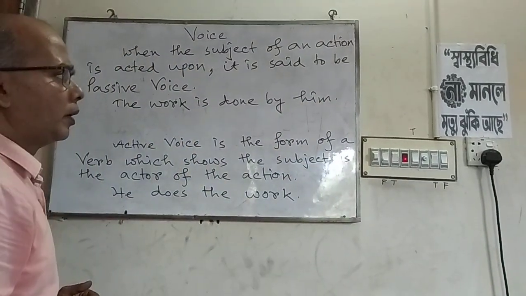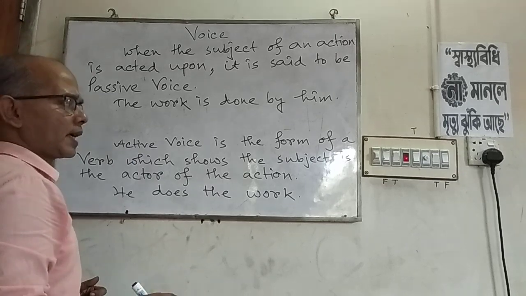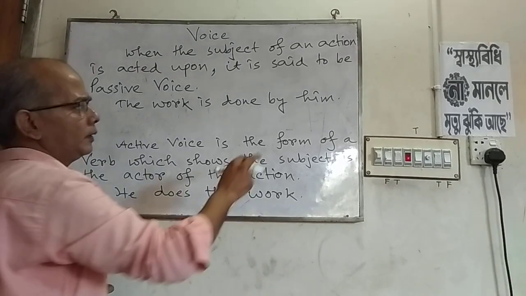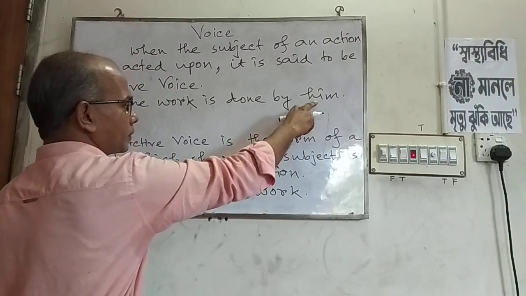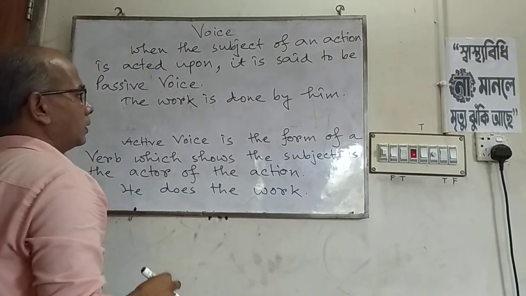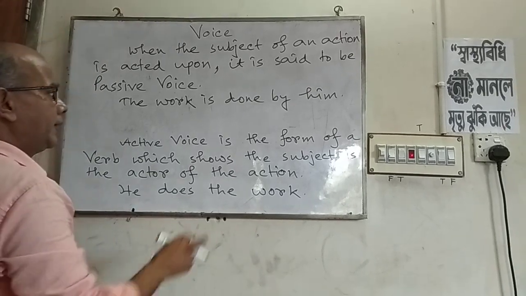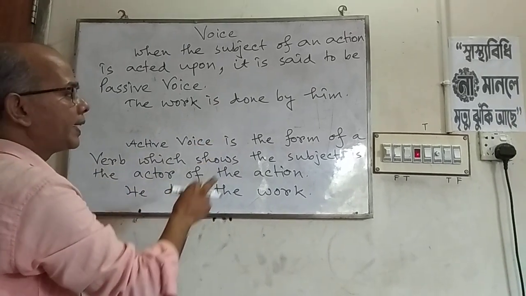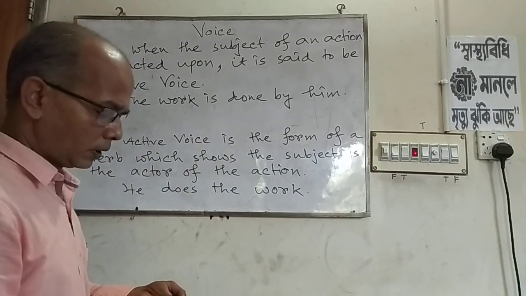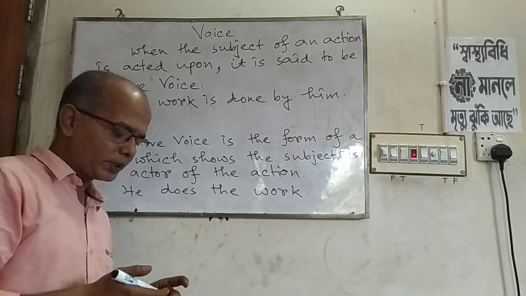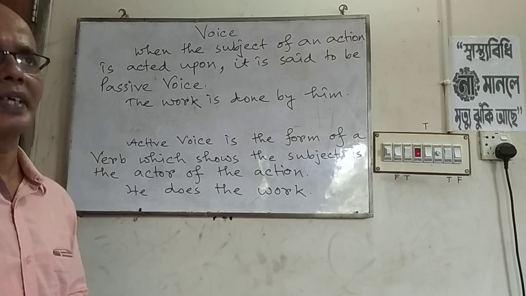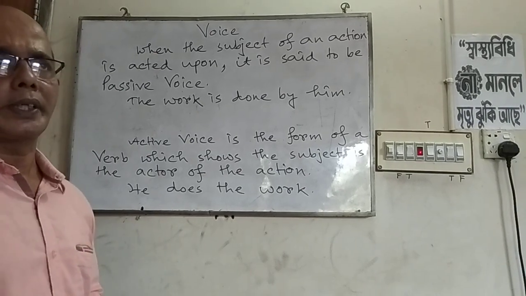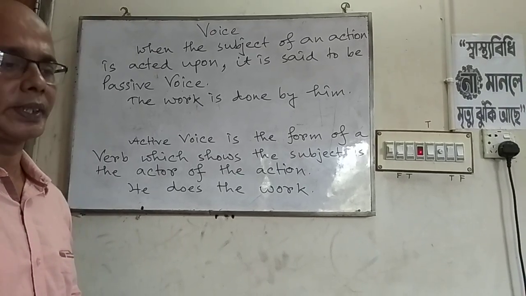In passive voice, the subject is always in object form. So here the subject works indirectly. Now we are to discuss about auxiliary verbs on the basis of tense to turn active voice into passive voice.